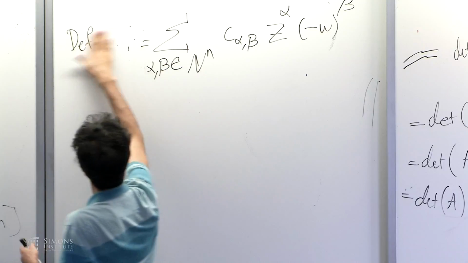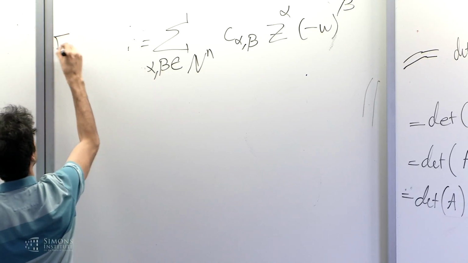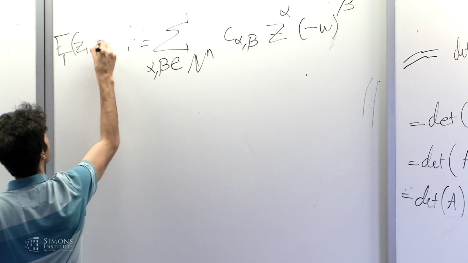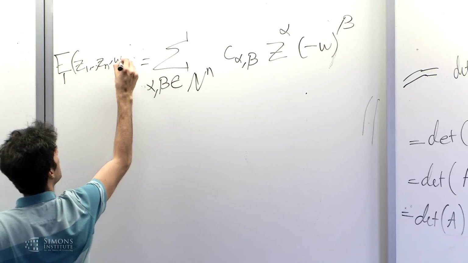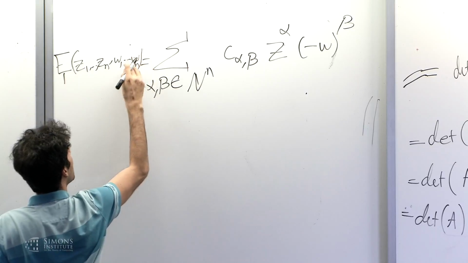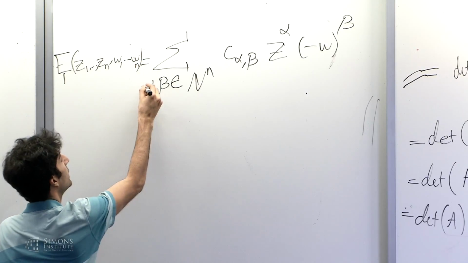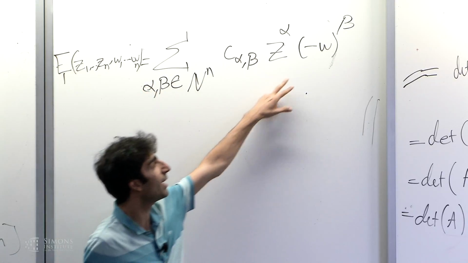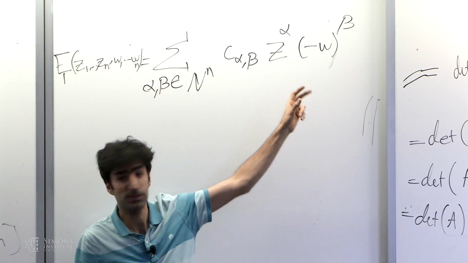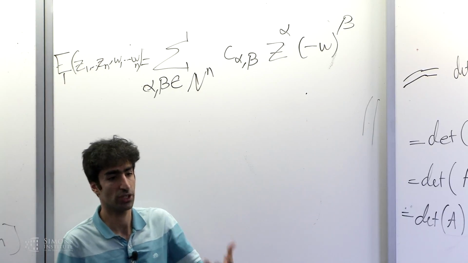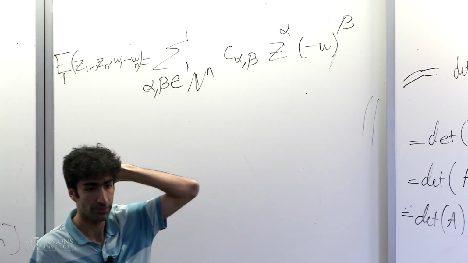So this f of T is a new polynomial in z1 up to zn and w1 up to wn. I'm going to have n new variables, w1 up to wn, and I define the symbol this way: wherever I have a partial, I substitute it with minus w of the same index. If it's partial of i, it's going to be minus wi.